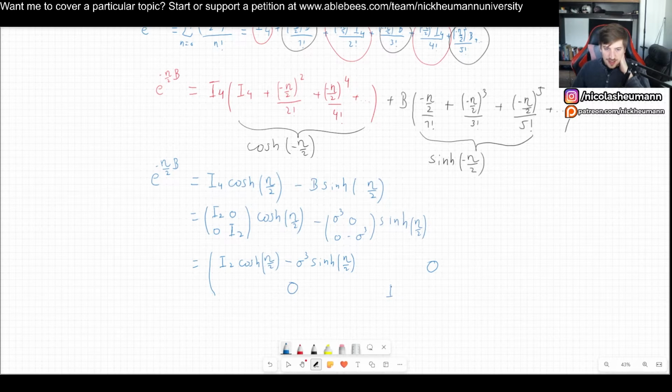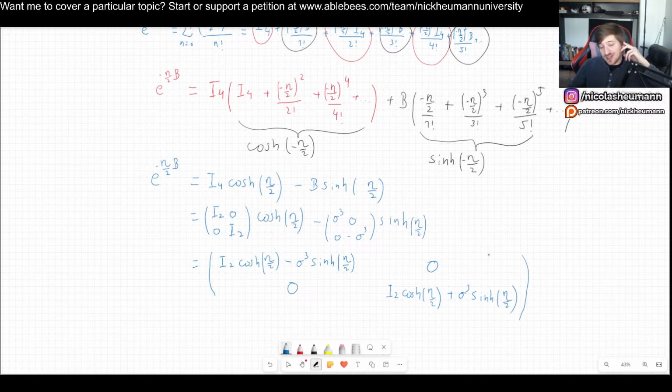So this would be I2 hyperbolic cosine of eta over 2 plus sigma 3 hyperbolic sine of eta over 2. Okay, so this is what the exponent is.